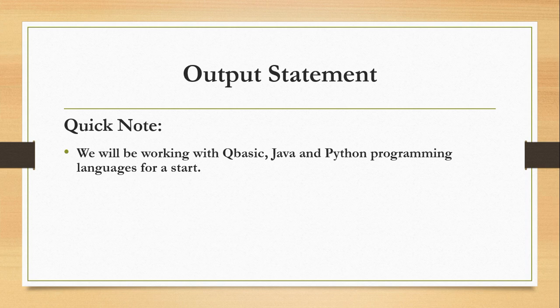But let me quickly run through the reasons. Starting with QBasic, I said QBasic is one of the best languages to learn programming because it explicitly describes most of the principles of programming.